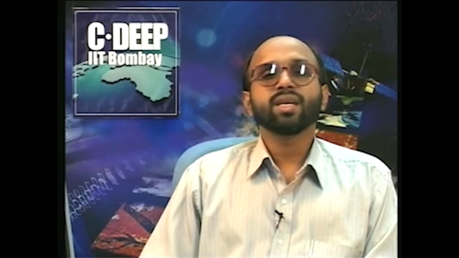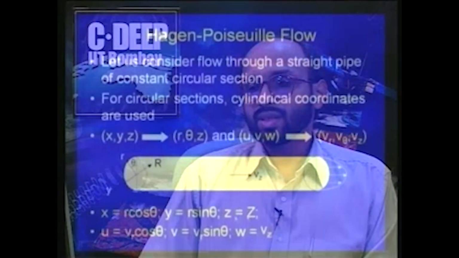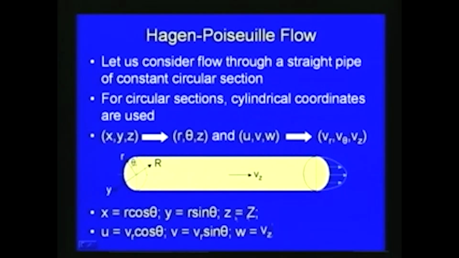Corresponding to the Cartesian coordinates x, y and z, we consider r, theta and z, and corresponding to the velocity components u, v, w in the x, y, z directions, we consider v r, v theta and v z. With respect to this figure we can write x is equal to r cos theta, y is equal to r sin theta, and z is equal to z.